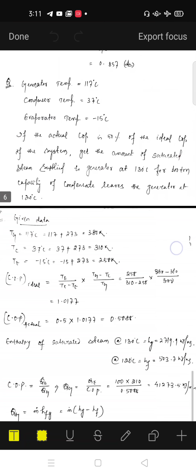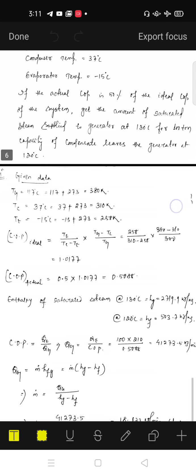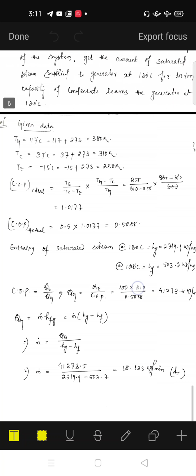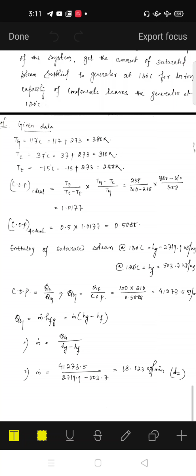Let's see how to solve. TG, TC and TE are given, convert into Kelvin, no problem, and first find the ideal COP by applying the relation. So you will get 1.0177, and the actual is 50% of ideal, so actual will be 0.5088.